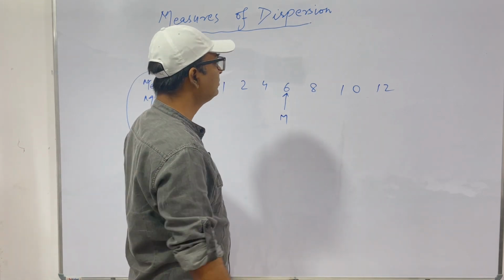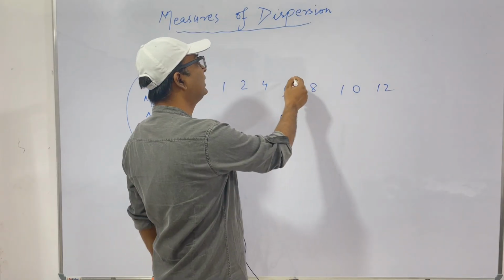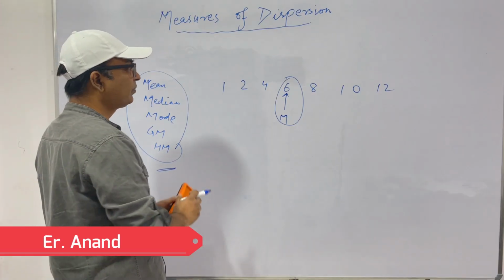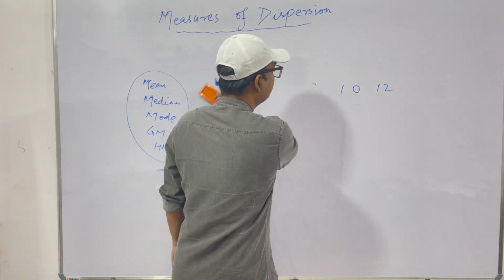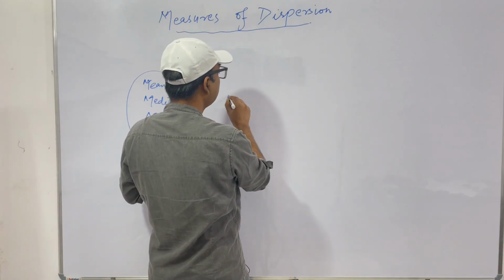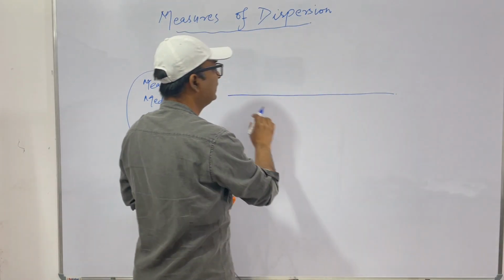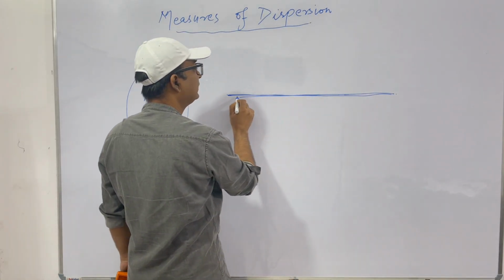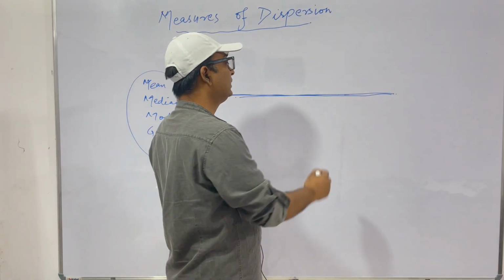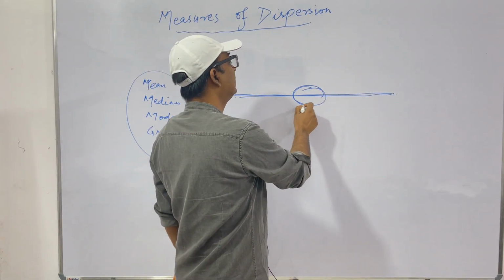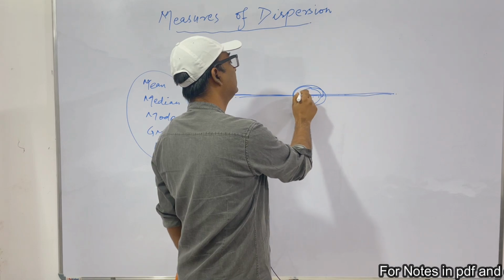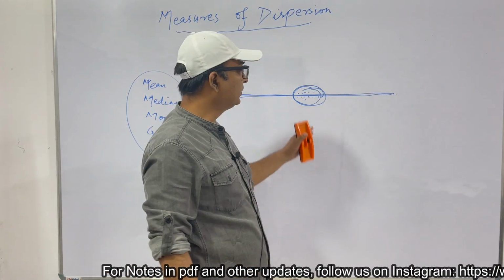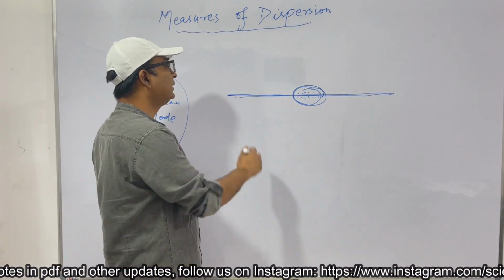What do they tell us? They tell us that the data is centered around this point. Let's try to visualize it. We have a line, and the data is distributed along this line. Measures of central tendency tell you that the majority of the data is centered here, but the data is also over here.